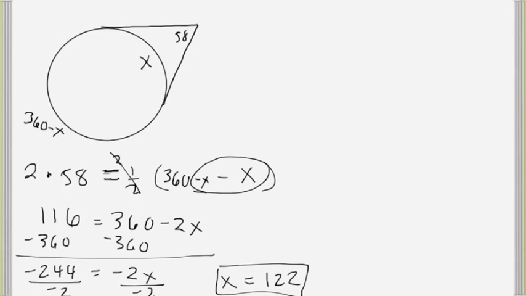I always like to double check my work and think through the problem again once I think I know the answer. If this is 122, then the rest of the circle would be how much? 360 minus 122, which is 238.